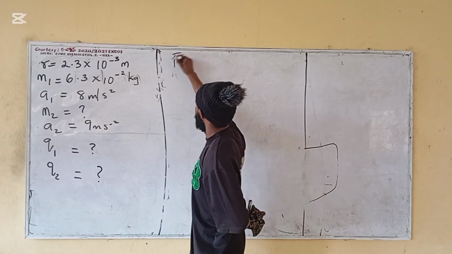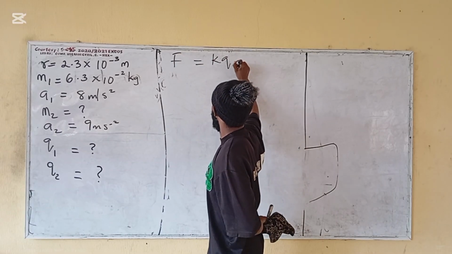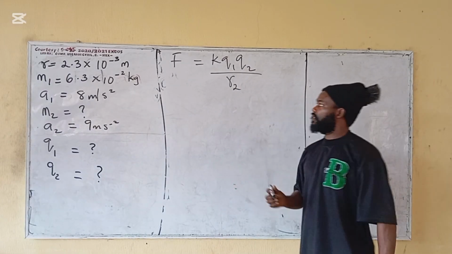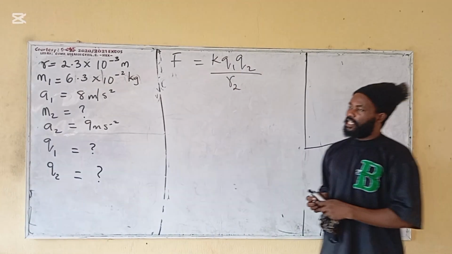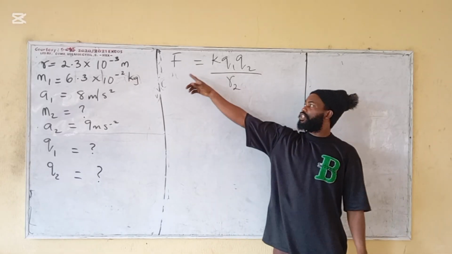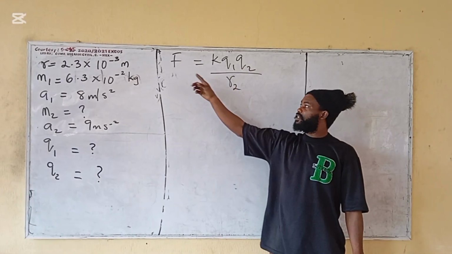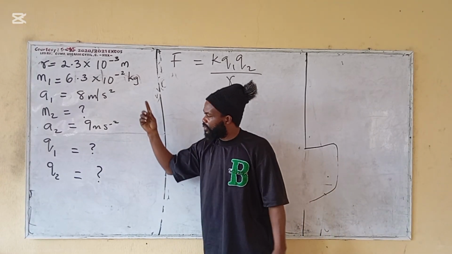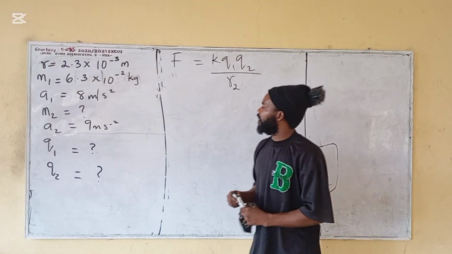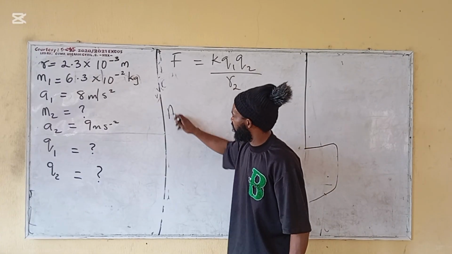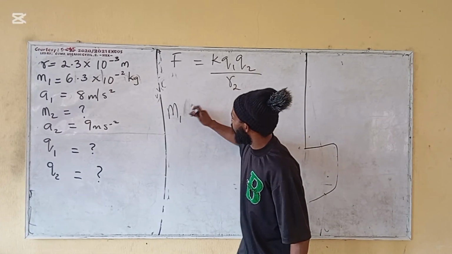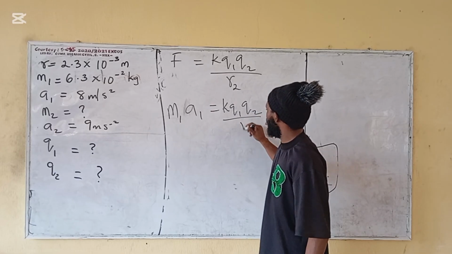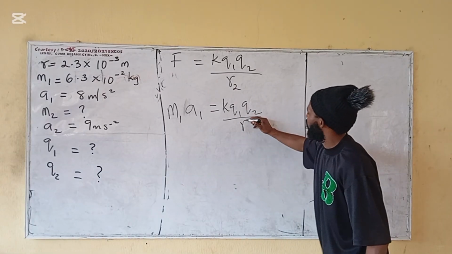Now let's look at this. I know that F is equal to KQ1Q2 over R squared. But notice that in this case, they are telling me the first force is M1A1 equals KQ1Q2 over R squared.